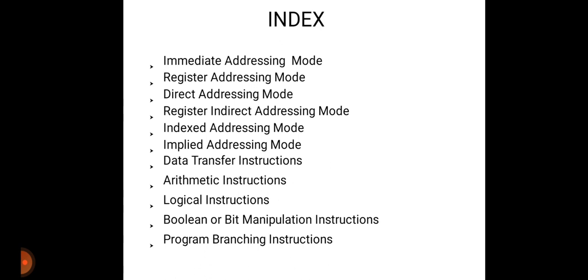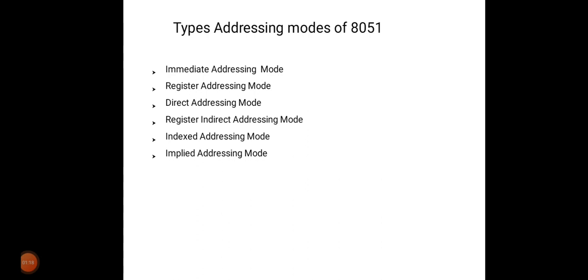And there are some instruction formats like data transfer instructions, arithmetic instructions, logical instructions, boolean or bit manipulation instructions, and program branching instructions. We will see them one by one.